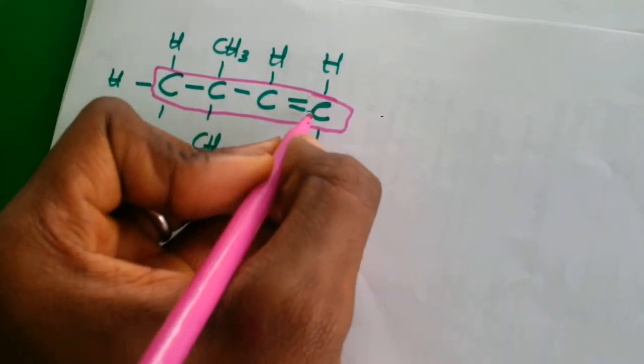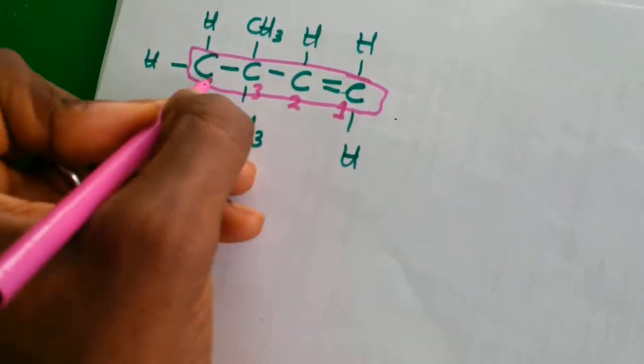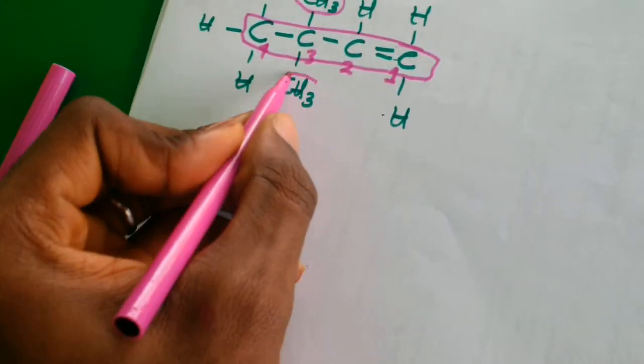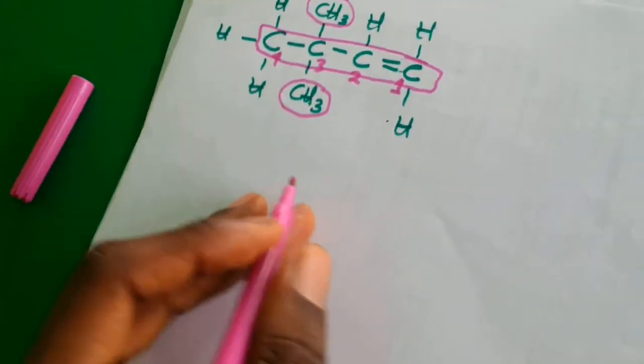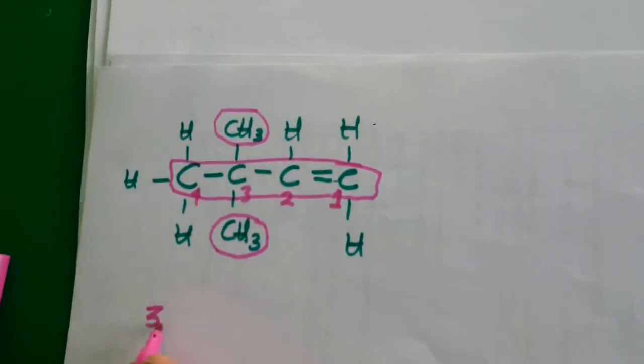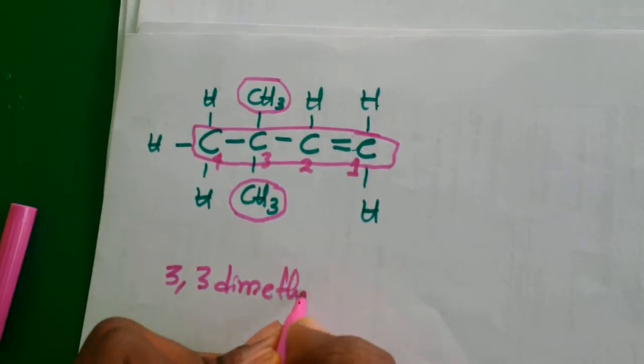Then since this is the side closest to the double bond, we give it 1, 2, 3, and 4. So these are our substituents, just 2. So this is quite easy to name. This should be 3,3-dimethyl.